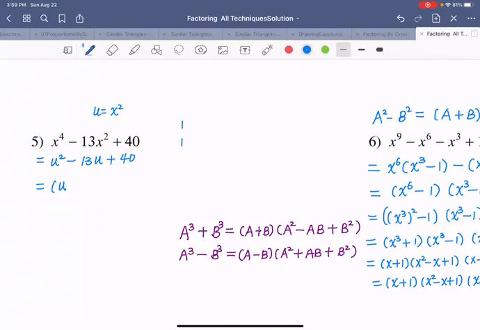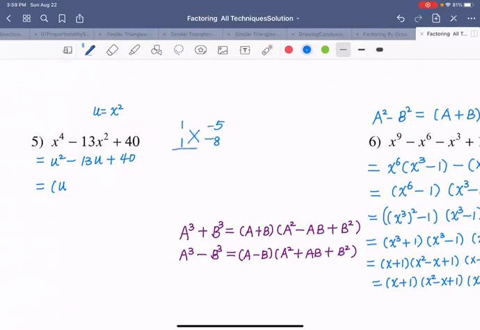Plus, cross 4. 40 is who by who? 20 and 2. Really? If you do 20 times 2, are you able to get 13? Oh, 8 and 5. Yes, thank you. Negative 8 and negative 5. Yes, good.